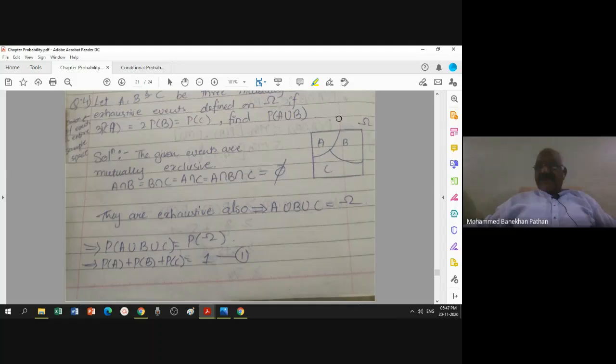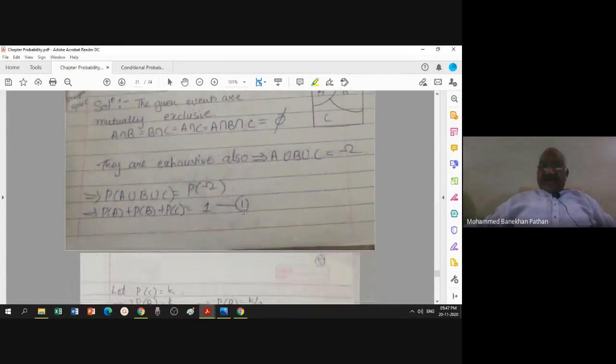That is happening here. A, B no common, B, C no common, A, C no common. And in all three there is no common. But if I add A plus B plus C, I get the entire omega. So this is the Venn diagram for the given information.